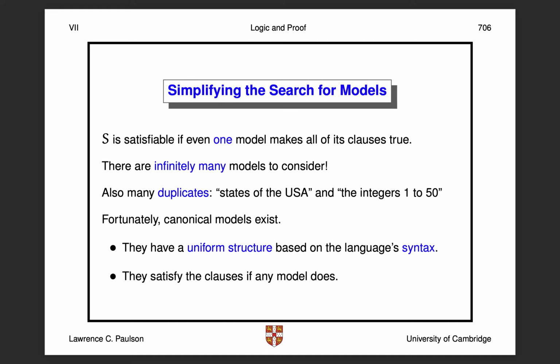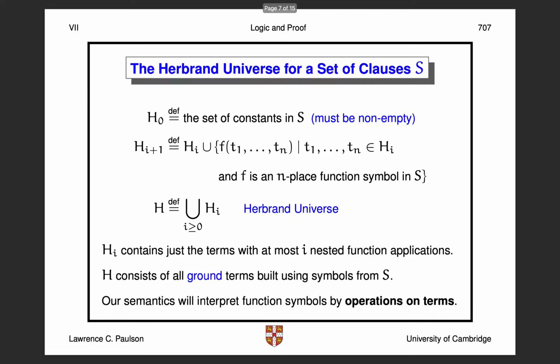Now, what is the point of this? The point is that if we are interested in satisfiability, we only need to be interested in the existence of these canonical models, and we can forget that the other mathematical models even existed, because these canonical models will satisfy the same set of clauses as the original model did.